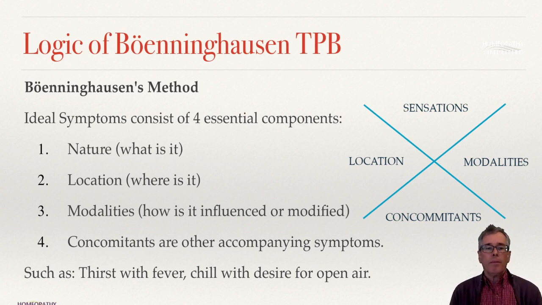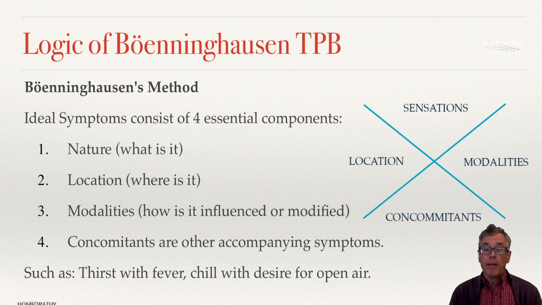So the logic of Boenninghausen's therapeutic pocketbook becomes the logic of his methodology, where he states that an ideal symptom consists of 4 essential components. What is the symptom? Where is the symptom? How is the symptom influenced or modified?